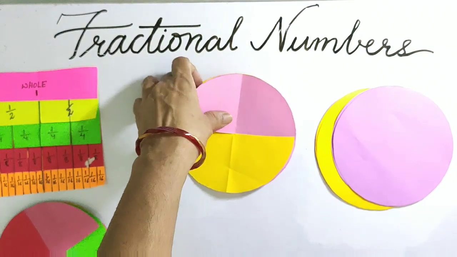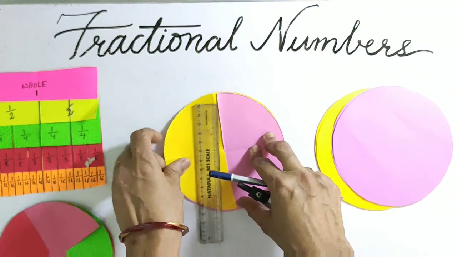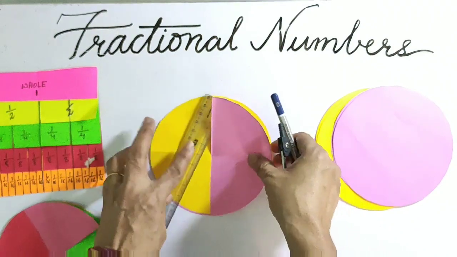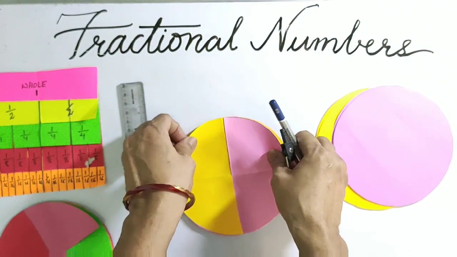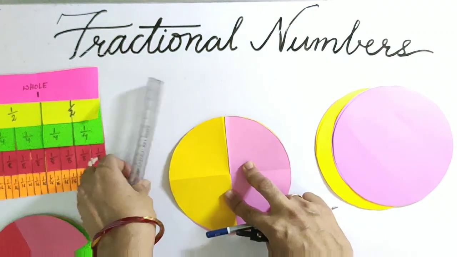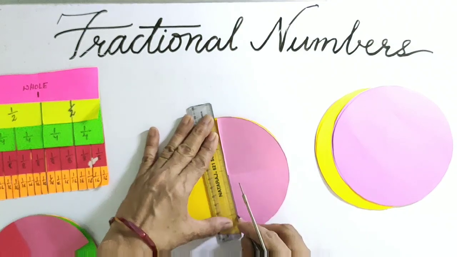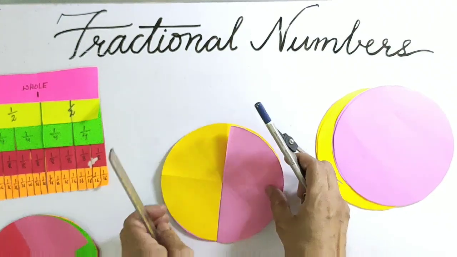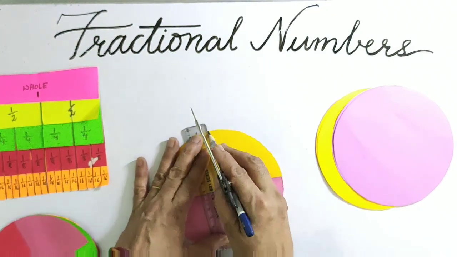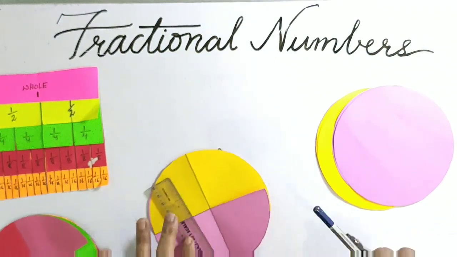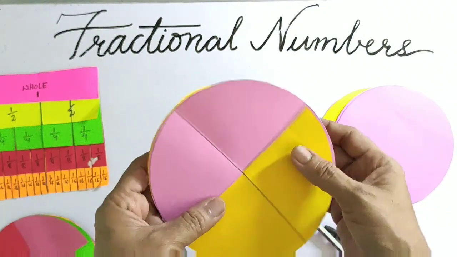You can draw it also if you want. This is 1 by 2.